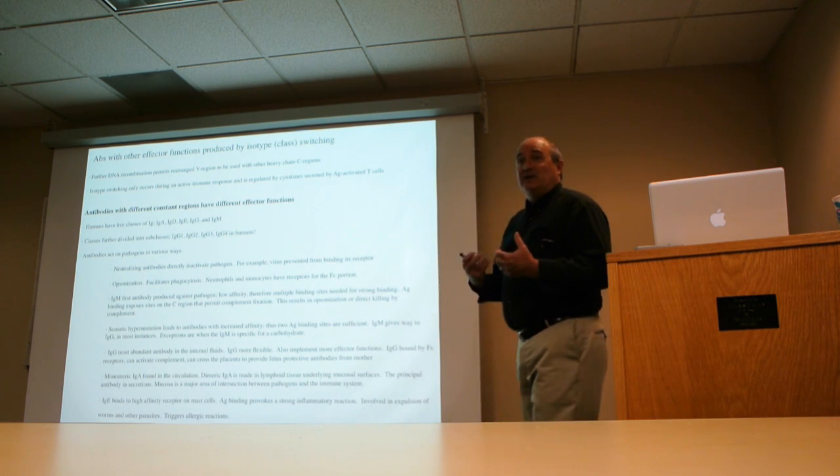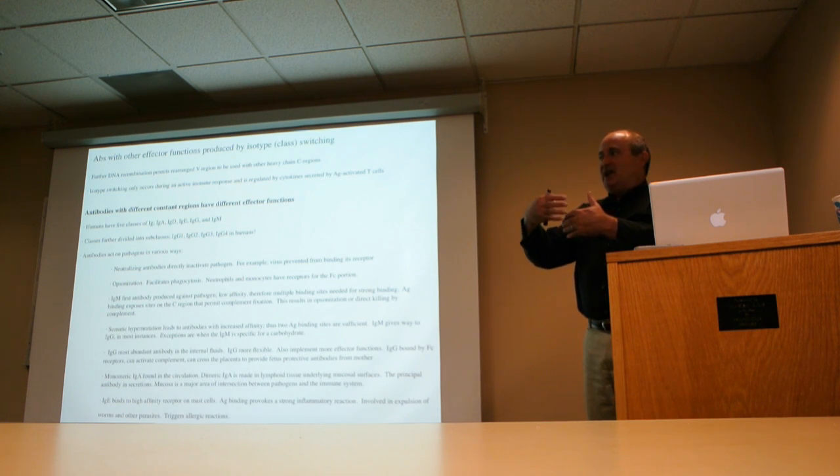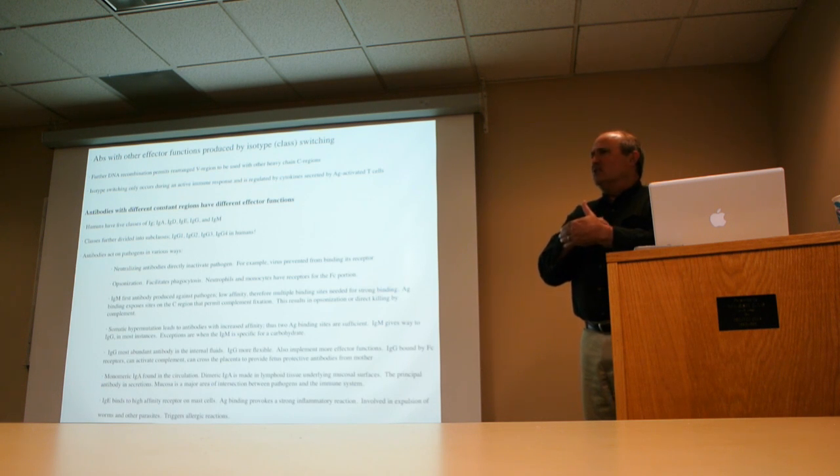And one of them is, how do you deal with things outside the body, so within the lumen of the gut, that IgA may not be dealing with, these large intestinal worms or things along those lines? How do you deal with them?